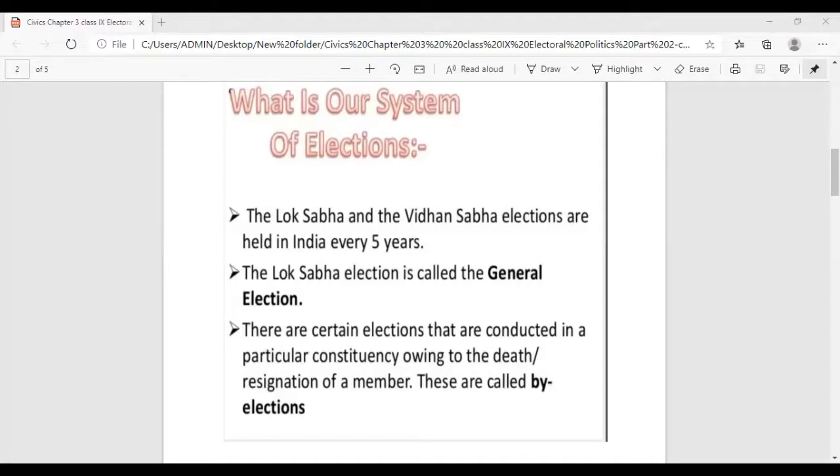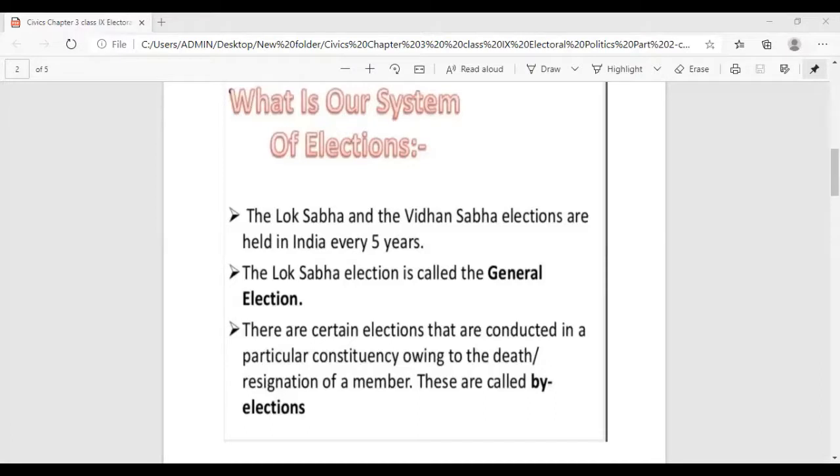Each state is given a fixed number of seats in the Lok Sabha such that the ratio of the number of seats to the total population of that state remains the same for all the states in India.